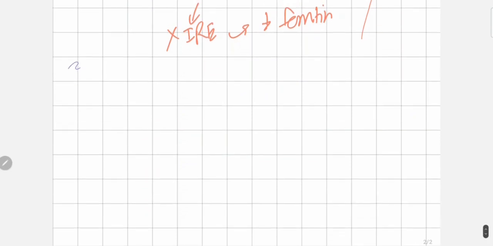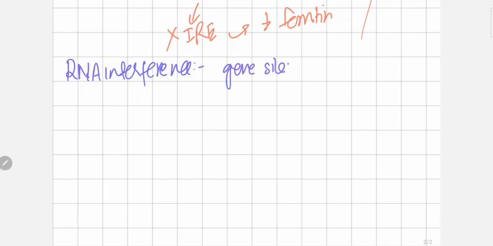The next example is RNA interference. RNA interference is the mechanism of gene silencing. How do we do that?